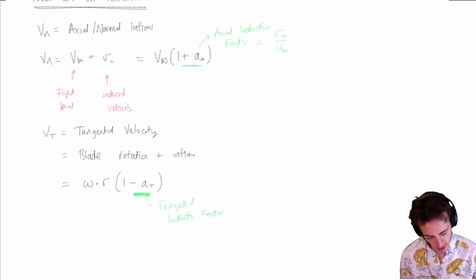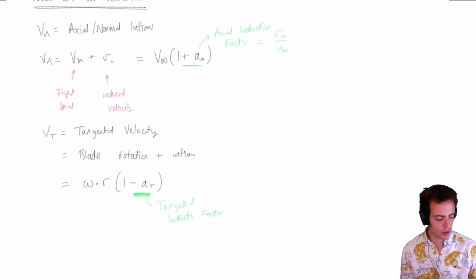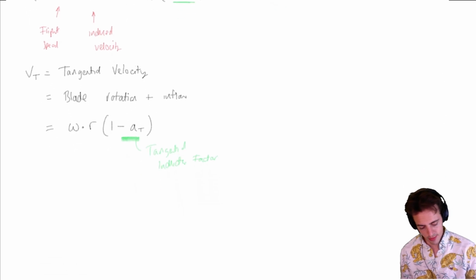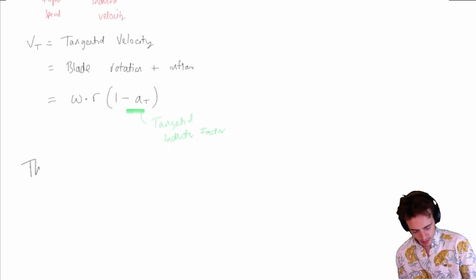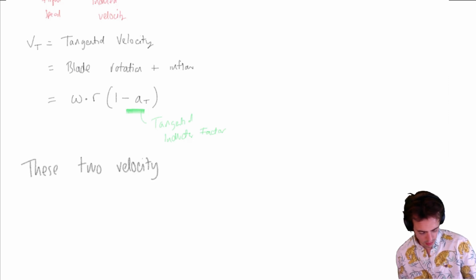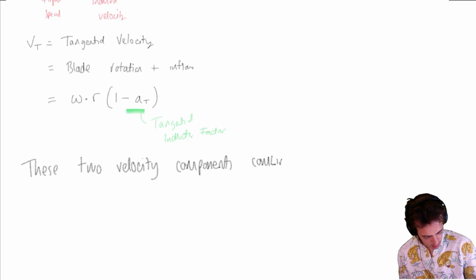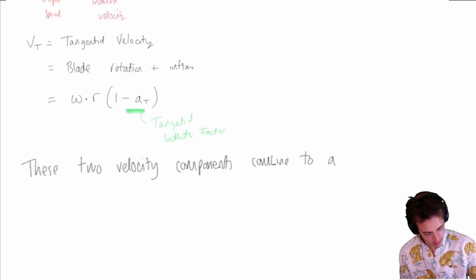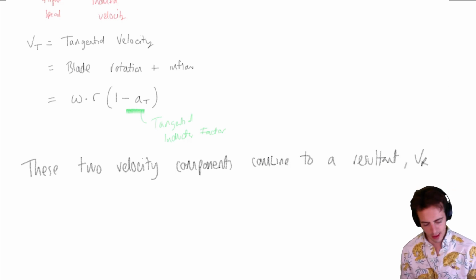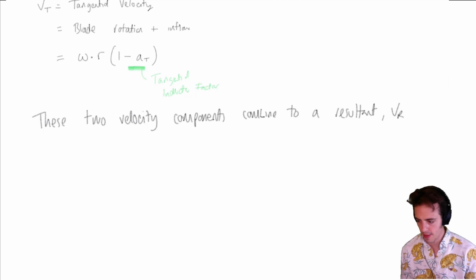So these two velocity components combine to produce a resultant velocity, which we call VR. And that's just the vector sum of the two together.